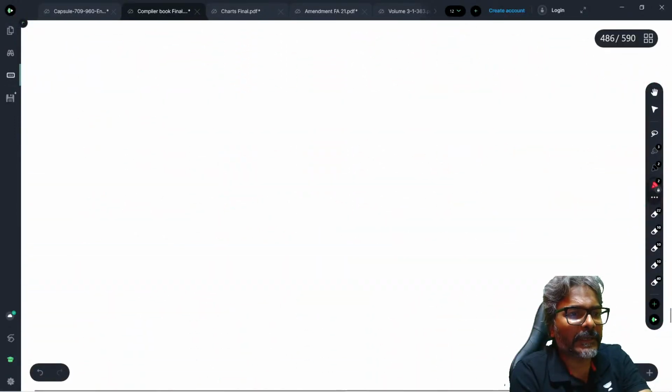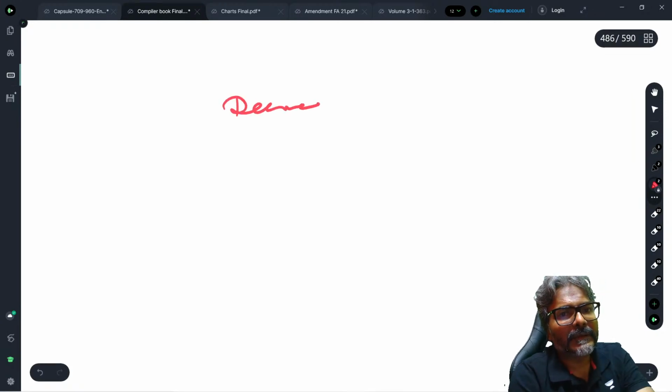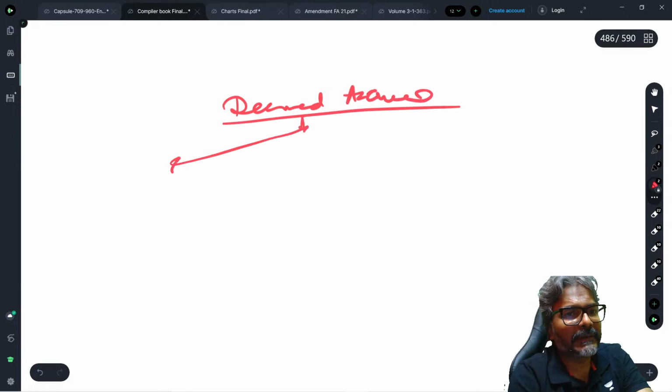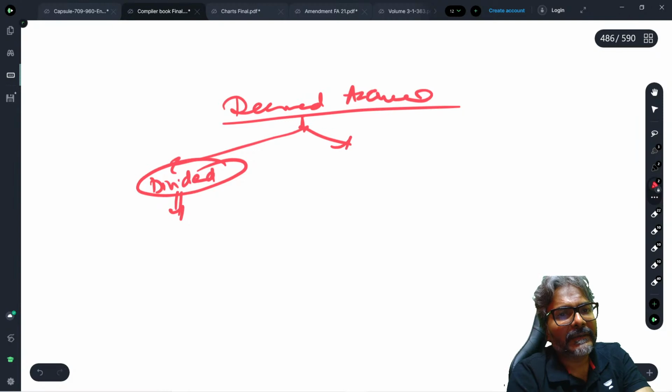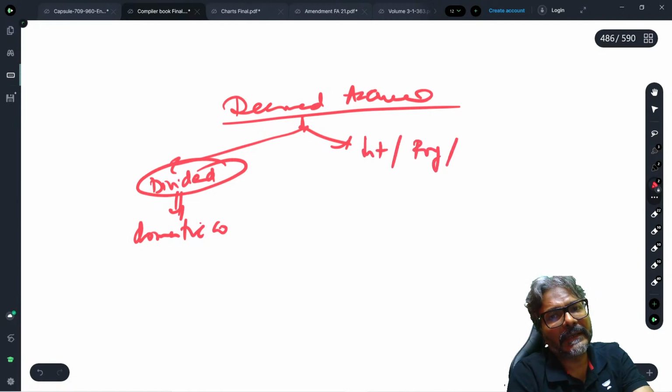Now students, supposing here the deemed accrual, just keep in mind the deemed accrual in respect of dividend, the deemed accrual of dividend which is in respect of a domestic company. The deemed accrual of interest, royalty and FTS in this case.